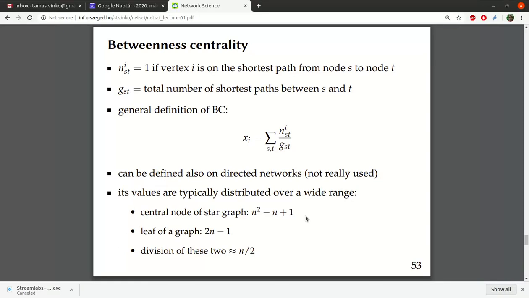Regarding the sensitivity of this centrality, we can consider a star graph which has only one node in the middle, connected to all the other nodes, and the other nodes are only connected to the central node, so we can call it a star graph. Now the central node of this graph has betweenness centrality equal to n squared minus n plus 1.